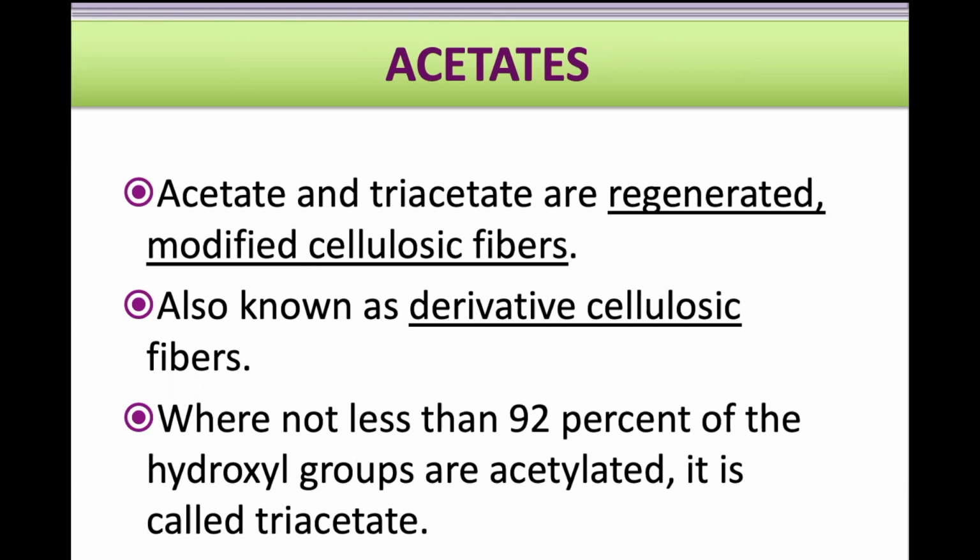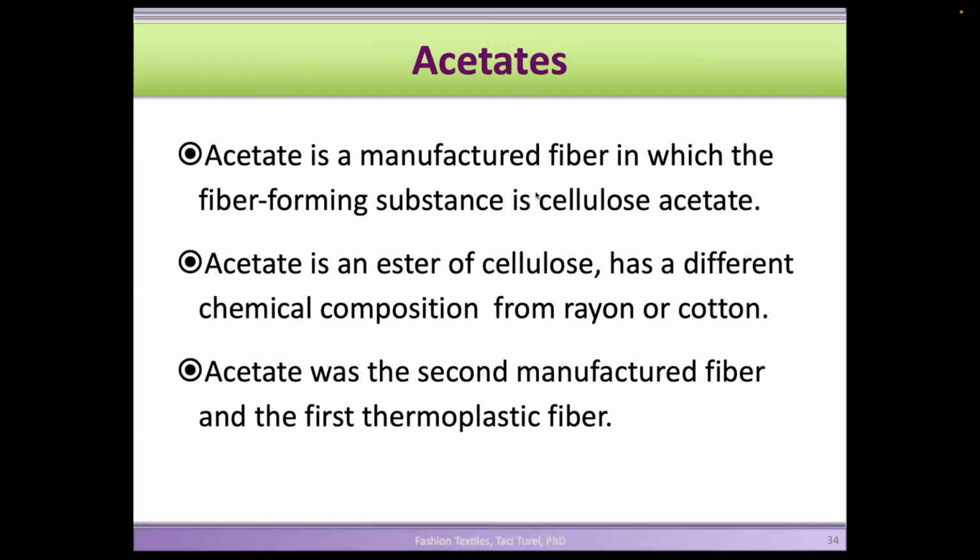And this is how we create acetate and triacetate. So the difference between acetate and triacetate is the amount of hydroxyl groups that are acetylated, which means they are replaced with acetyl groups.